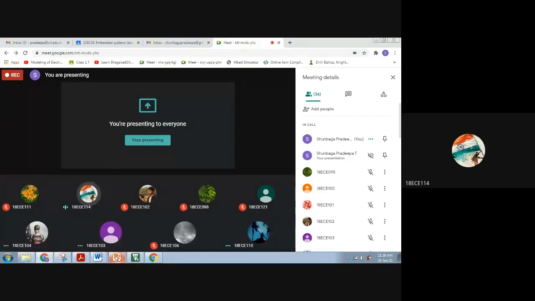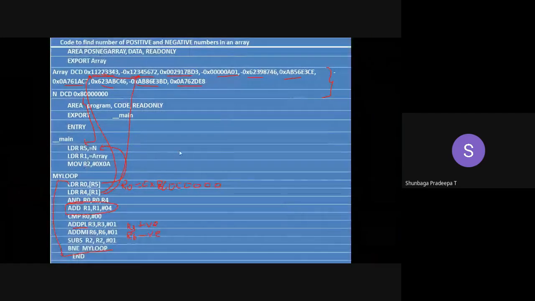R2 minus 1, the count, ma'am. We have 10 elements, no? So what is your R2? R2 is 10. Right? So array A has 10 elements. Okay? So first I have scanned only the first element.